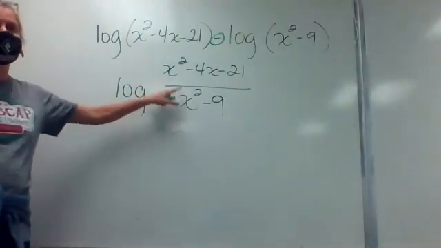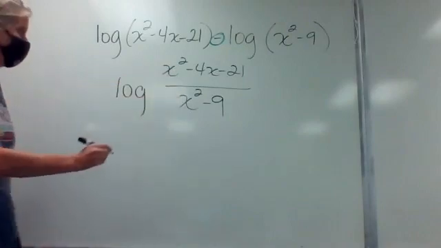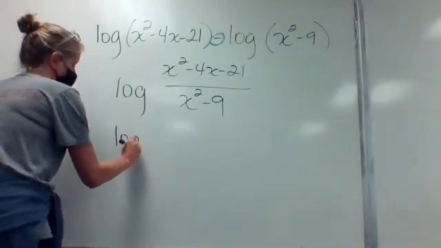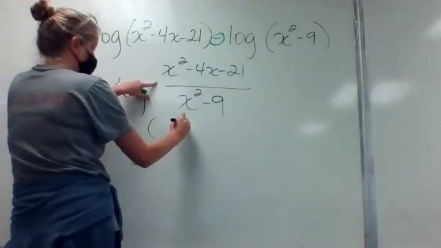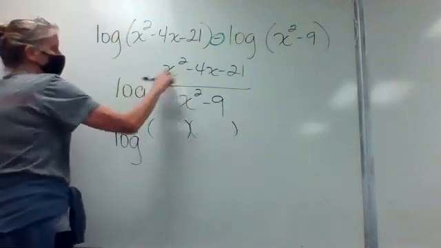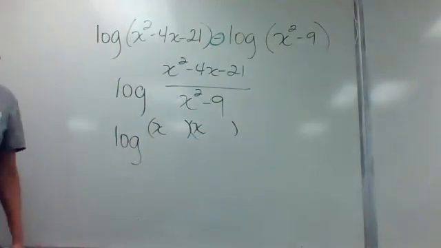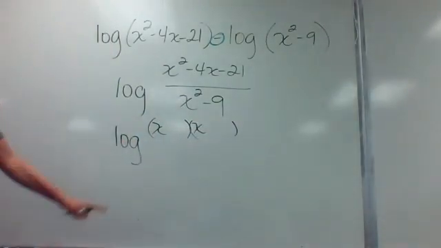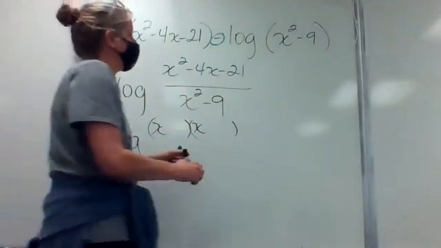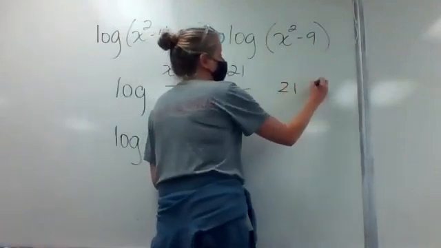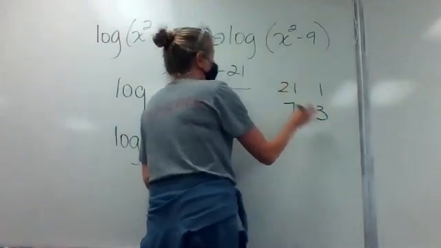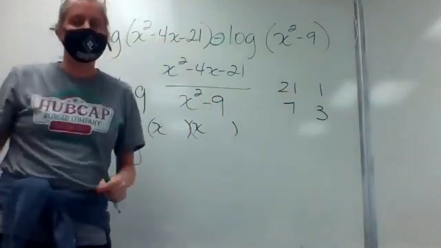This time I have to factor the top and the bottom. So the top, it's a trinomial. How do I get x squared? X and x. Careful with your signs here. I have to multiply to equal negative 21 and add to equal negative 4.